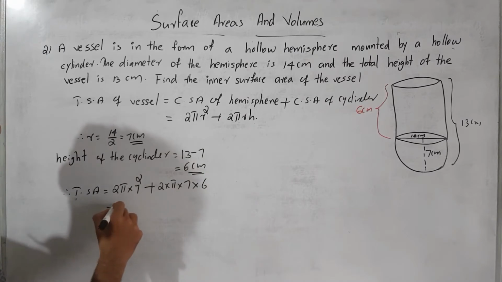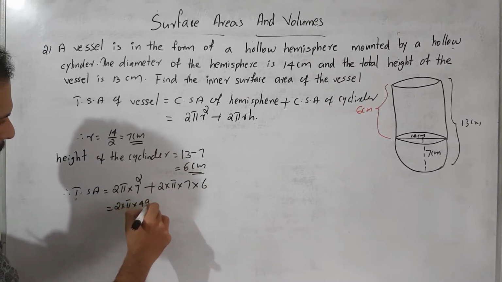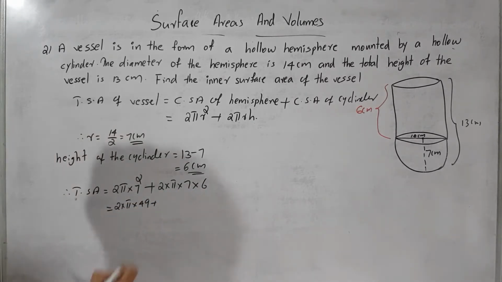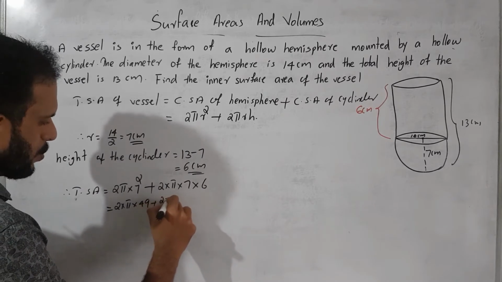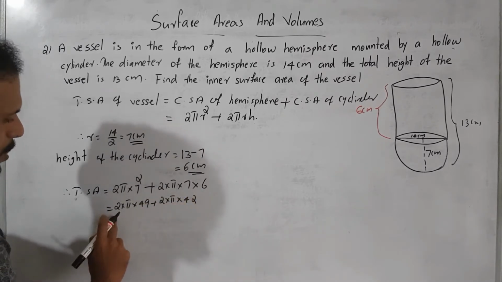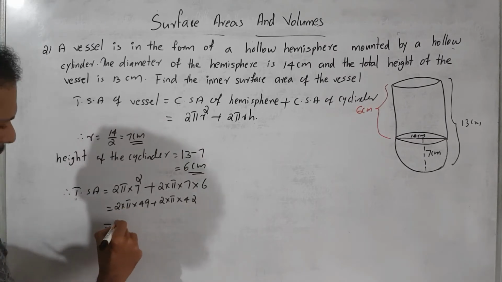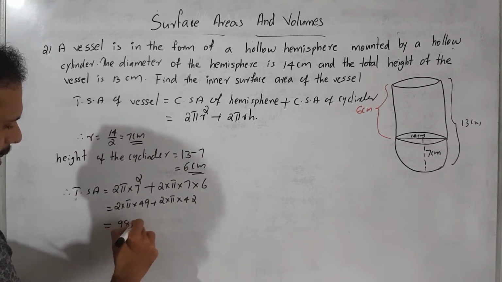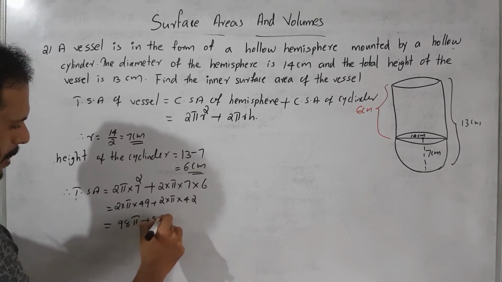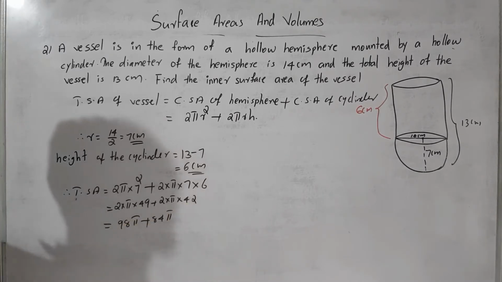Then 2 into pi into 49 plus 2 into pi into 7 into 6, which is 42. 2 into pi into 42. Then is equal to 2 into 49 is 98 pi plus 84 pi. Correct?